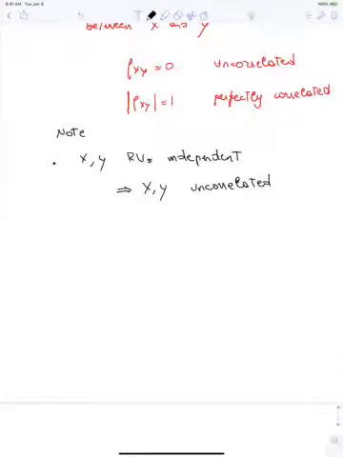Remember that if x and y are independent, it means that the joint distribution can be written as the product of the marginals. So this is what independent means.